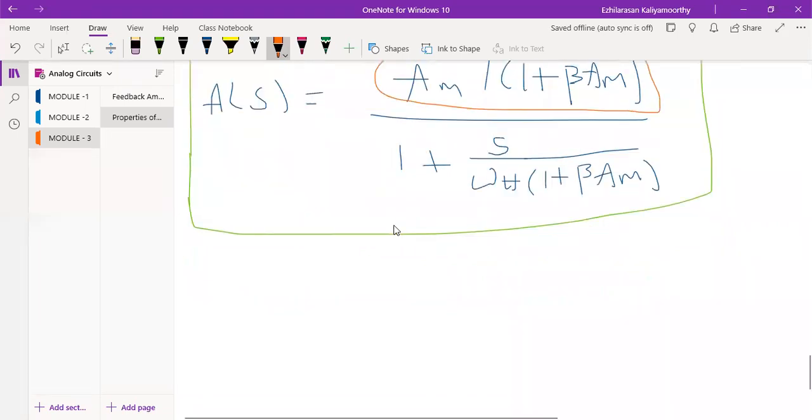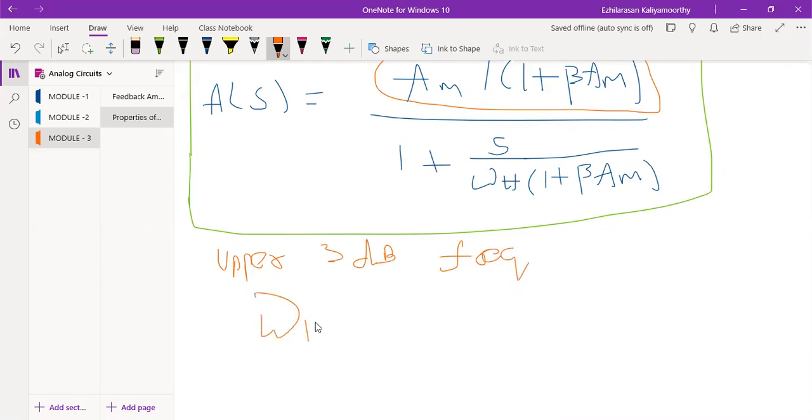Next, the upper 3 dB frequency, omega HF, is equal to omega H into 1 plus beta AM.